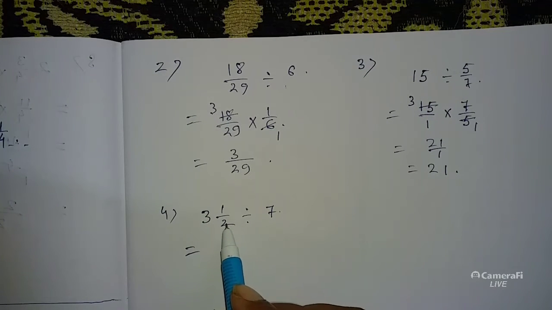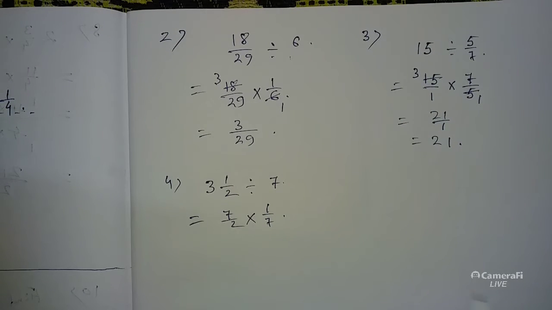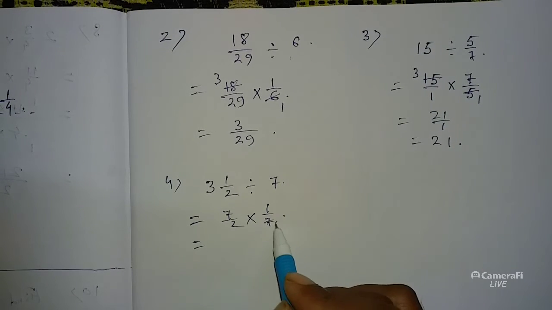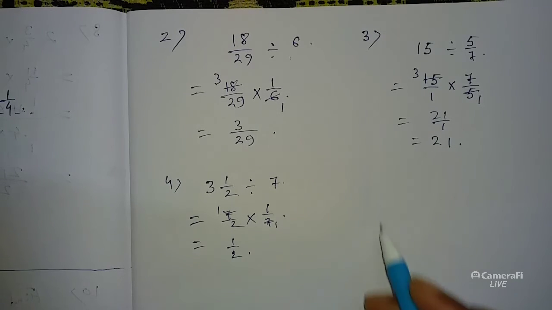Let us first change the mixed fraction into an improper one. 3 twos are 6 plus 1, 7 by 2, and we can also change the division into multiplication, taking the reciprocal of 7, 1 by 7. Now 7 ones are 7, 7 twos are 14, we get the answer, half.